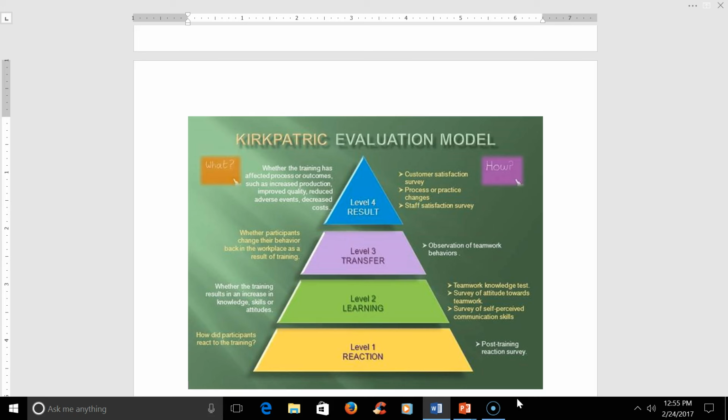And then the fourth level is called results, where there are certain models or processes to evaluate this: performance appraisal systems, performance measurement tools. CMM level 5 and ISO level companies have those tools, so they capture this by sending a person through the training, and then seeing how he performs in the job throughout the year.